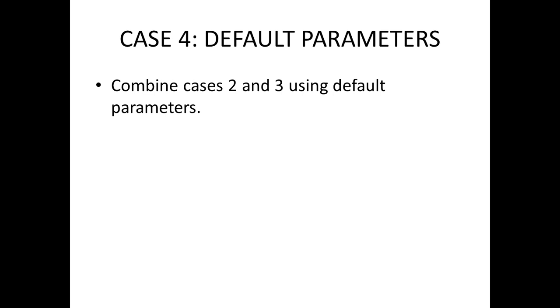So the next case we are going to be looking at here is a constructor that does what the two previous constructors we have created before does. It does what the two of them are doing. So if we have this case 4, we will not have need of the other two that we have done before. So let's go and see how the code looks like.